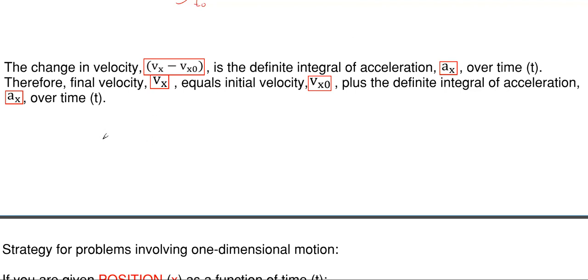So basically, all this verbiage can be written like this: v sub x is equal to your initial velocity v sub x0 plus the integration from your initial time to the time that you're specified at of your acceleration with respect to time.